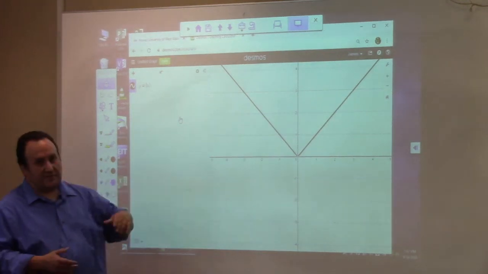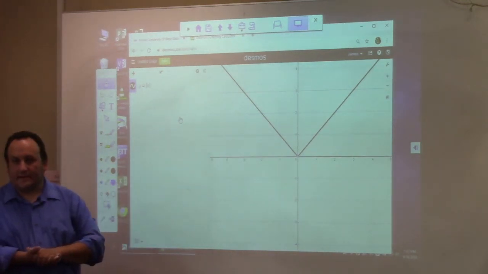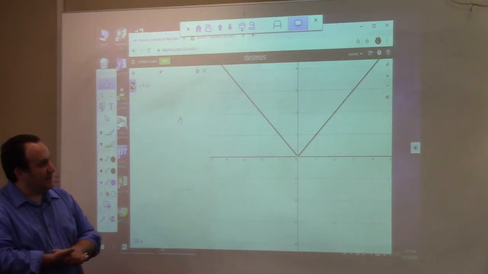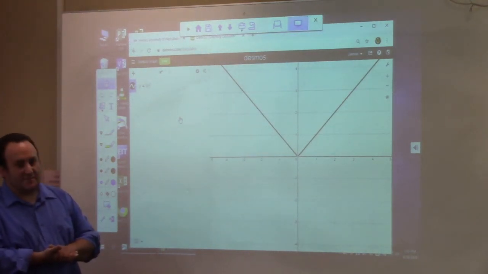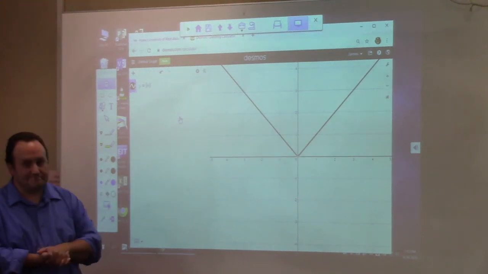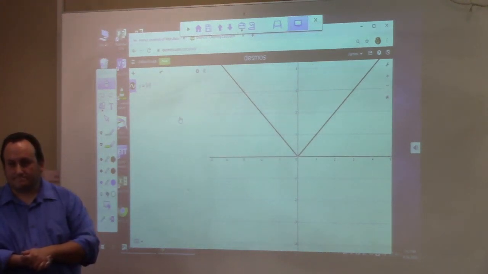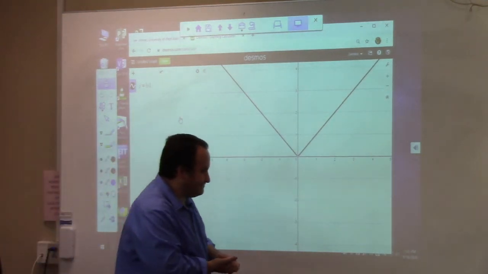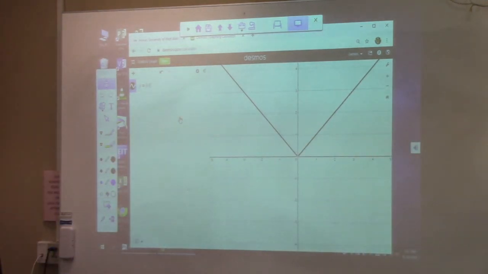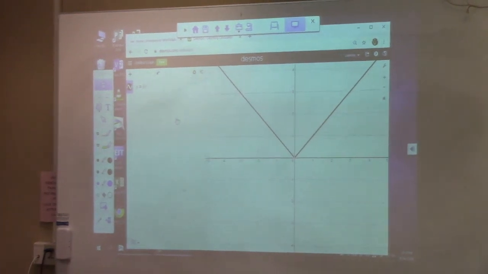This is the absolute value function, right? And this actually brings me to an important point and an apology that I have not talked about these yet, because this is an example of a what? How do you define the absolute value function? What have I not done in here yet?